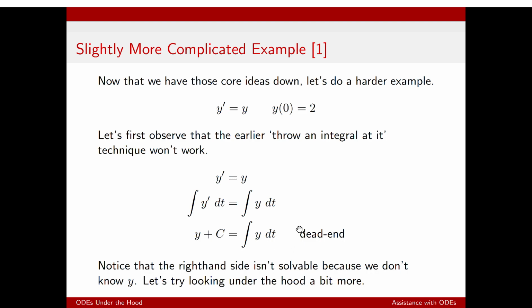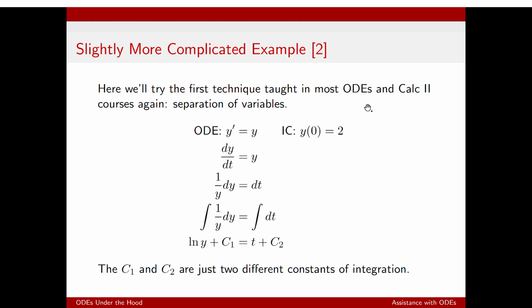All right, so moving on, let's try to rework this. We'll try to use this technique that's taught in ODEs and in Calc 2 courses, separation of variables. You're going to see separation of variables ad nauseam over and over again. So here we go. y prime equals y. The y can be left alone, so we'll leave it alone. This y prime becomes dy over dt.